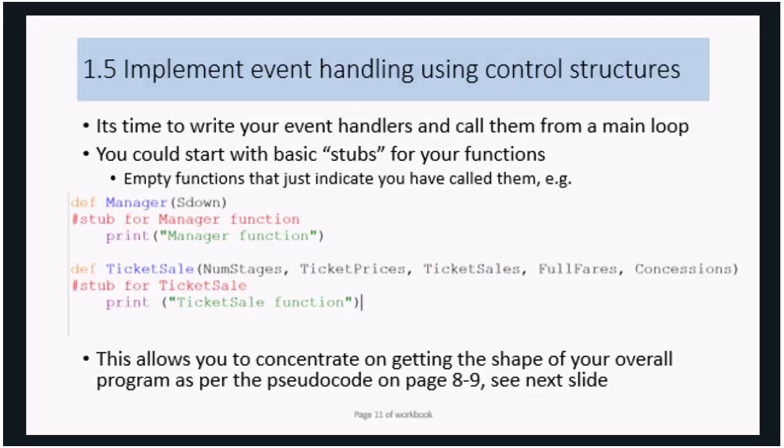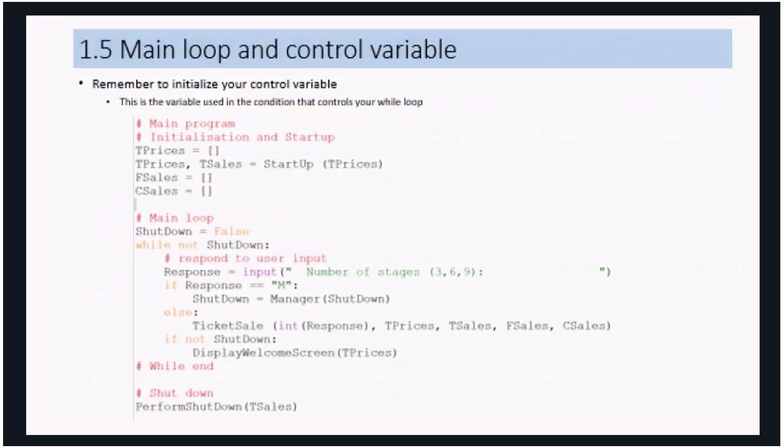So let's look at the shape of the overall loop. And this relates to pages 8 and 9 in the workbook. It relates back to the pseudocode that is on page 8 and 9 in the workbook. So you should see the shape of the pseudocode here being implemented. So we've got a comment to indicate when we're into the main program.